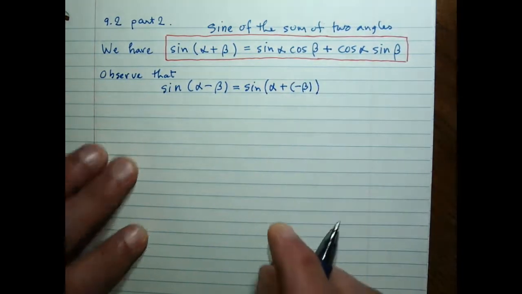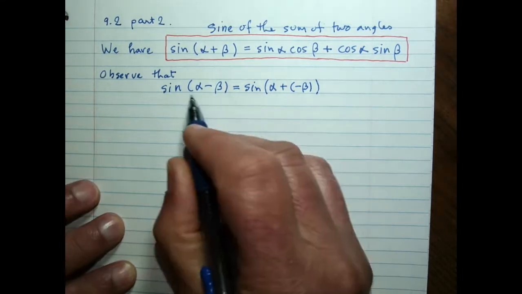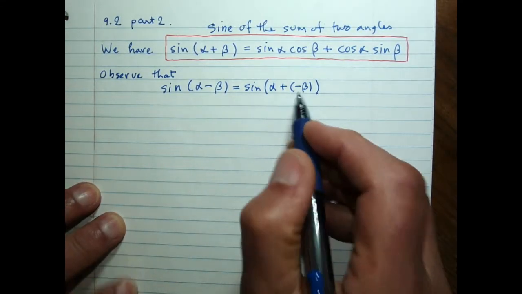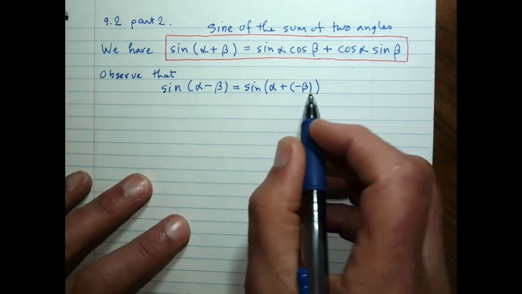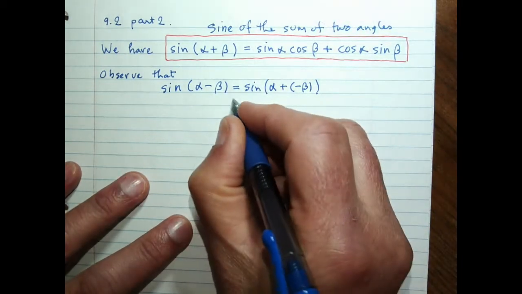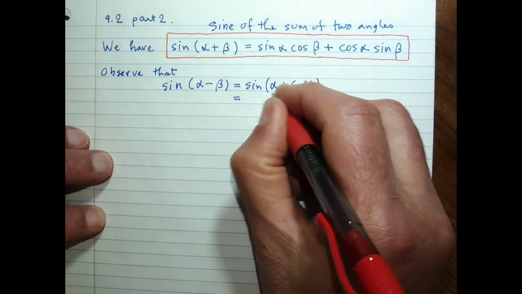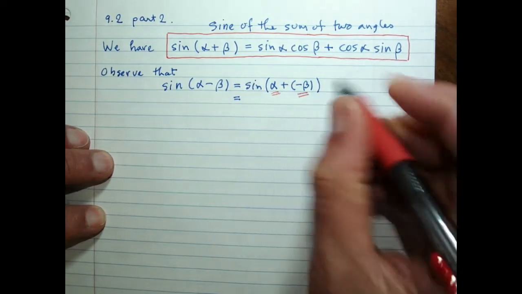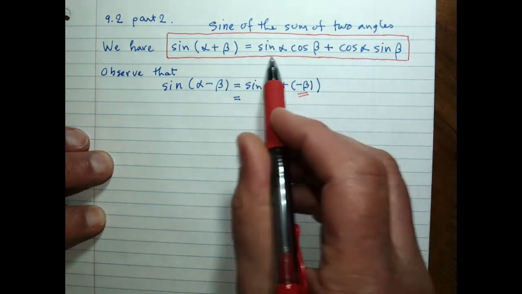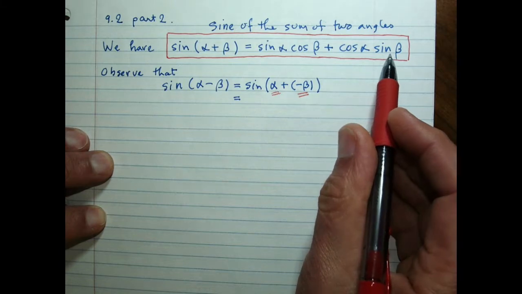So subtraction can be thought of as adding the opposite of the second term. And what I can do is plug alpha and minus beta into the right-hand side of the identity up above.